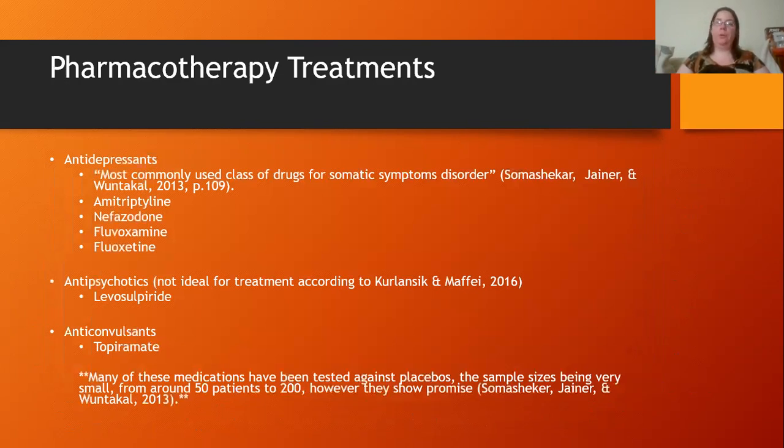There are also antipsychotics, but according to an article by Kurlanczyk and Maffei, this is not ideal for treatment. And one example of an antipsychotic is levosulpiride. Hopefully I'm saying that right. And occasionally, if your client is experiencing seizures, an anticonvulsant might be appropriate, and that is topiramate.